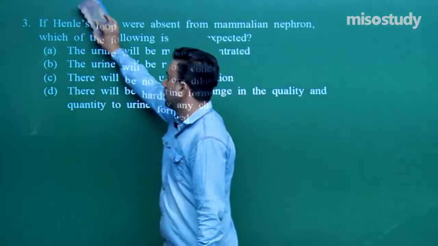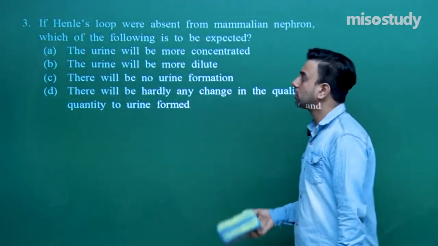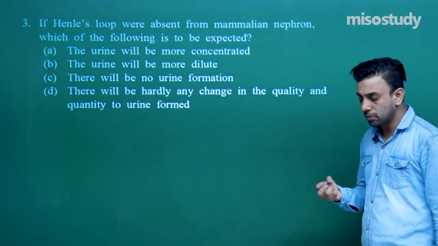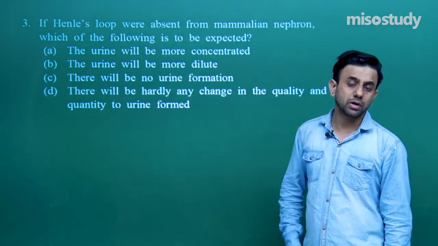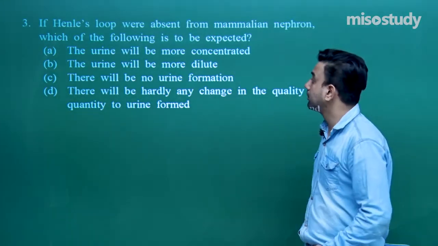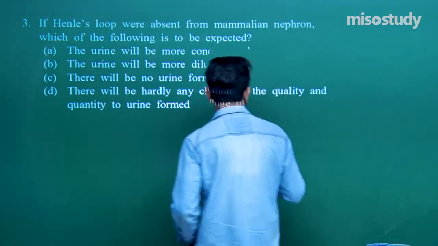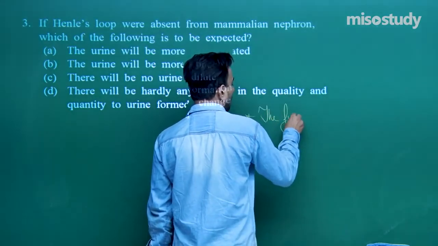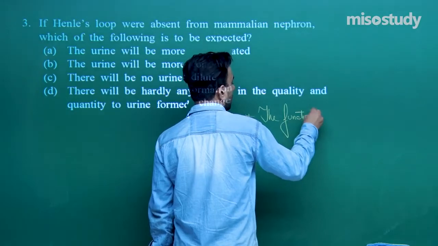Right. We all know the function of Henle's loop in mammals: it is to absorb water from the glomerular filtrate and to concentrate the urine.